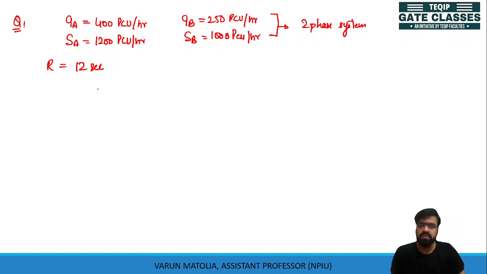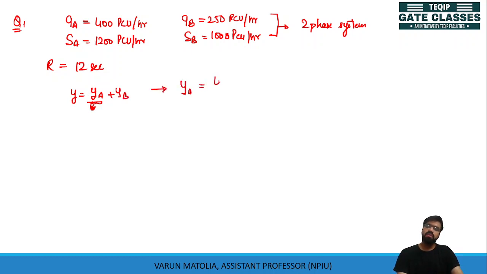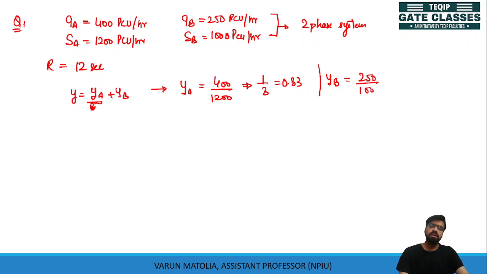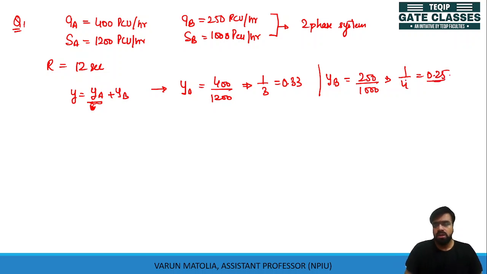So we can calculate the Y value as ya plus yb. ya is 400 by 1200, the saturated flow being the maximum, so this is 1 by 3, or 0.33. yb is 250 by 1000, which is 1 by 4, or 0.25.